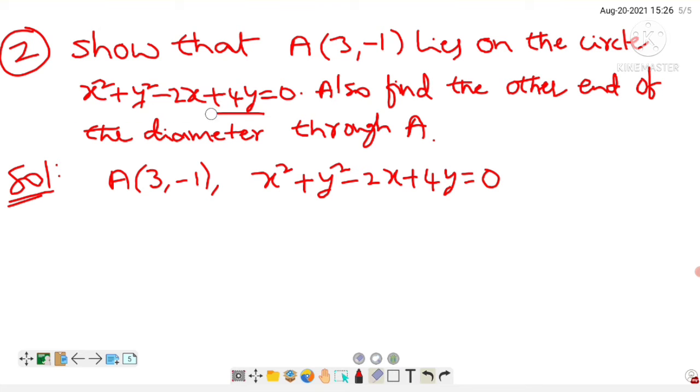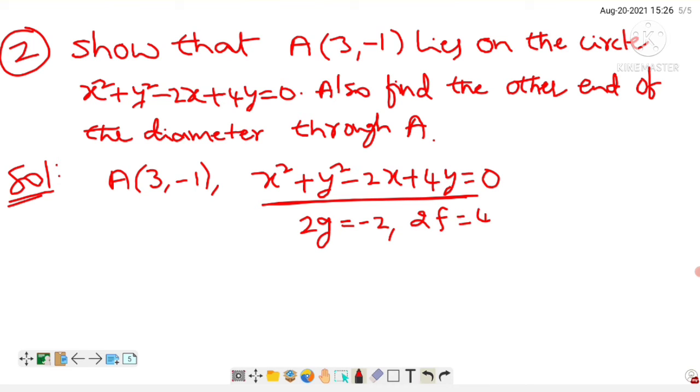Now compare the given equation with the general equation S = 0. We get 2g = -2, 2f = 4, and c = 0.